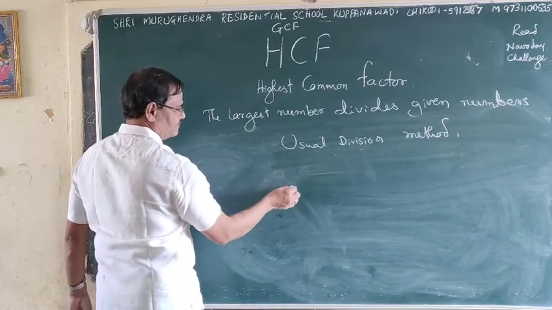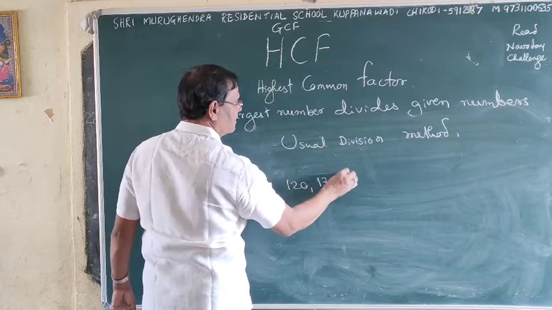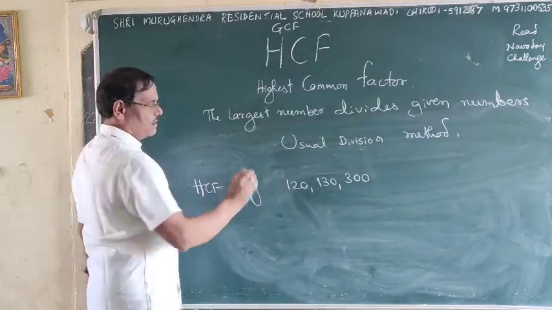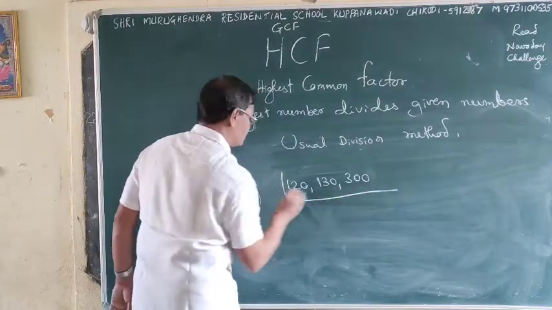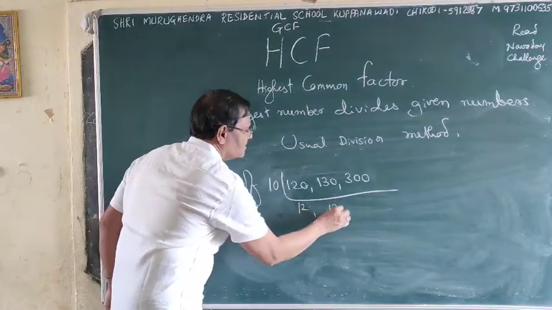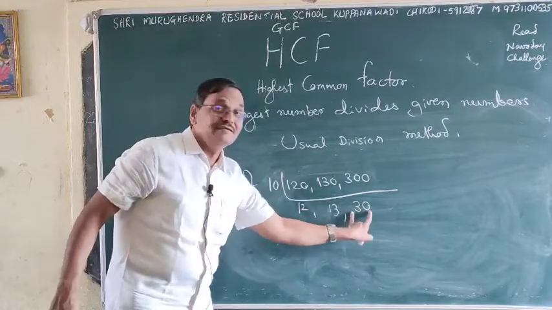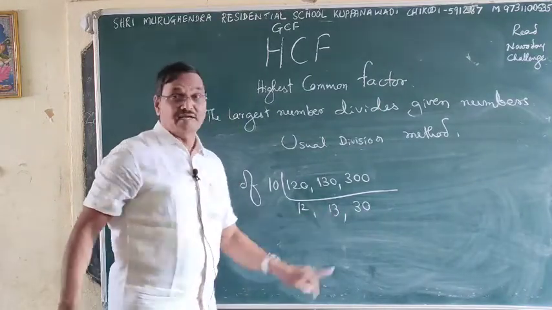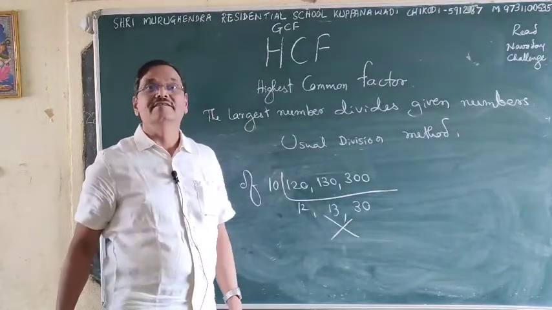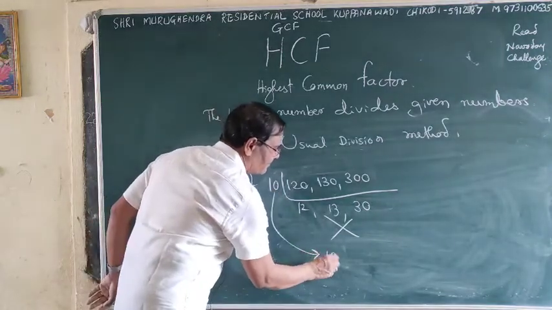See, HCF of 120, 130, 300. Commonly you have to divide this. Not prime numbers, series numbers. 10, 12 ja, 13 ja, 30 ja. 12 and 30 can be divisible, whereas 13 is not divisible. So, danger is there. So, 10 is HCF.